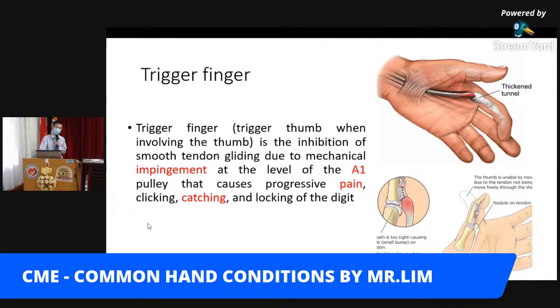This is usually caused by impingement. Impingement at which level? At the A1 pulley. And it causes progressive pain and clicking and catching sensation, very uncomfortable until one point painful, non-functional for the patient.